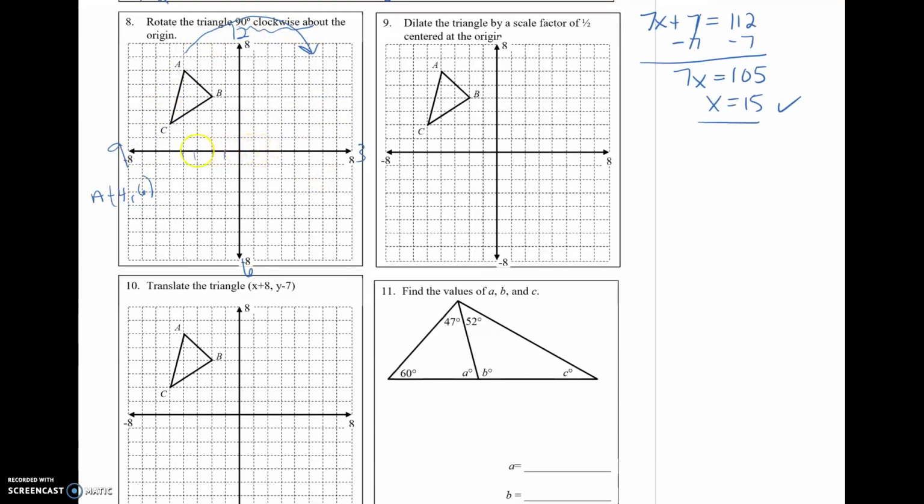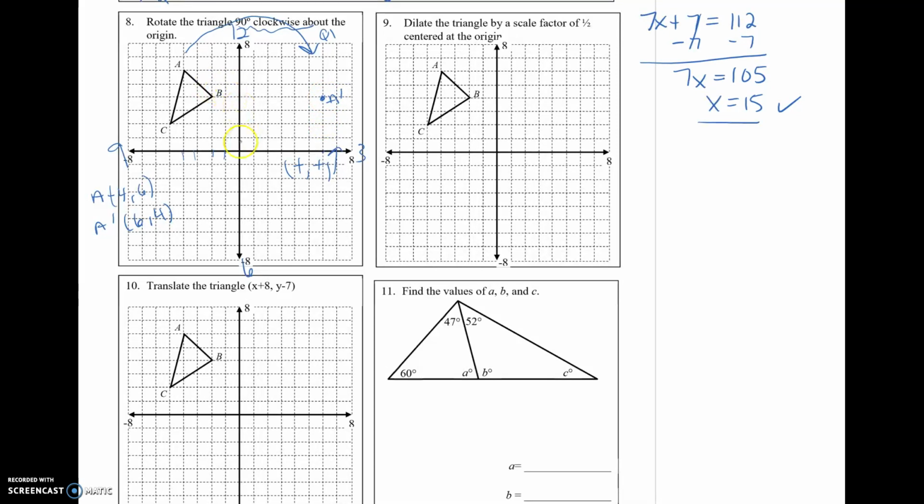So instead of going over 4, I'm going to go over 6. This quadrant is quadrant 1, and everything in this quadrant is positive, so I have positive X's and positive Y's. So A prime is going to be at +6, +4. If I go over here and graph it, I'm at 6, up 4, and that's A prime.